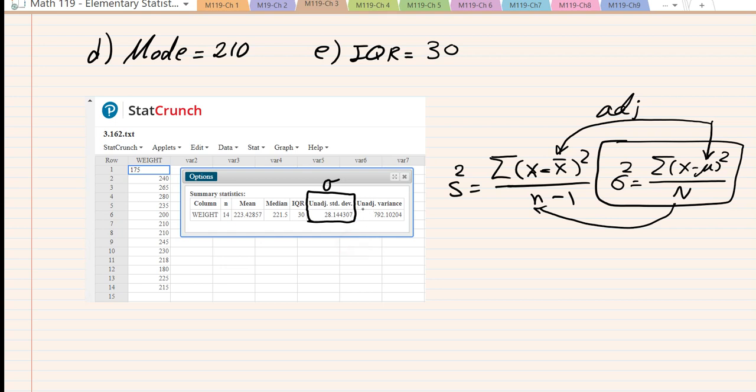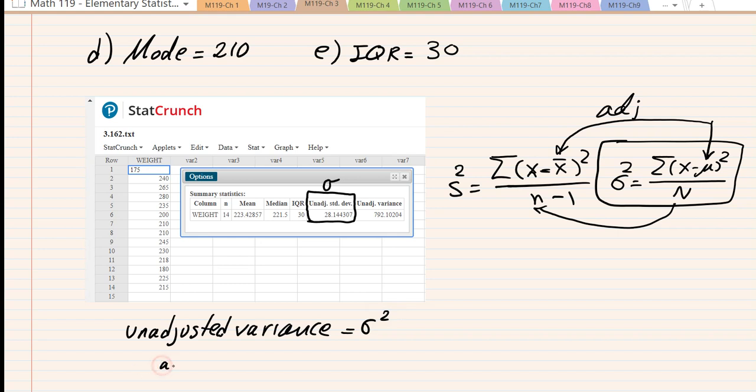So for population unadjusted variance, that means before you replace mu with X bar. Unadjusted variance, that's going to be sigma squared.